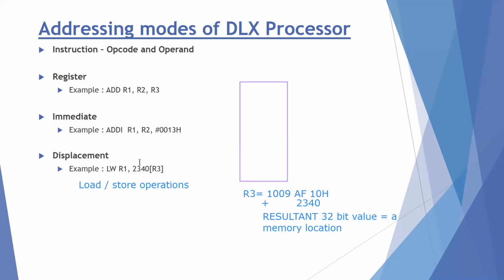Okay? How does this operate? This says load word into R1 from a memory location which is computed as R3 plus 2340. By default, we call the register which is there in the instruction the base register. So maybe R3 contained 1009 and AF10H, any 32-bit value. Then we have mentioned a displacement. Say suppose R3 points to this location. I'll just draw it for you.